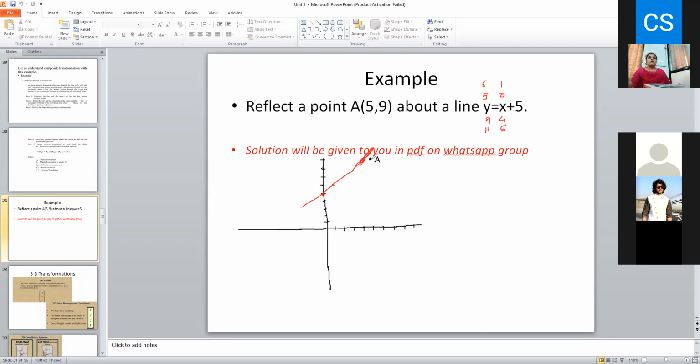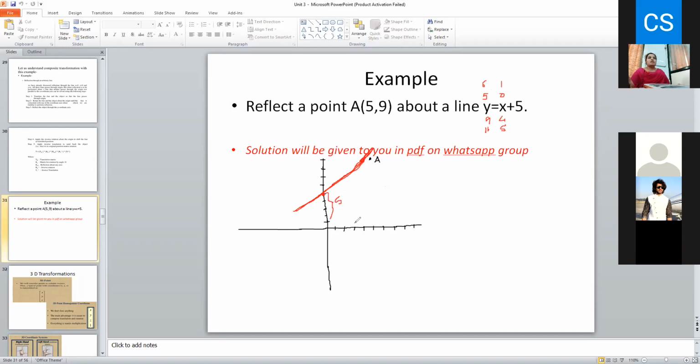So how will you proceed? First, check whether this line is passing through the origin. No, ma'am, it is not passing through the origin. It has an intercept equal to 5, because when x is 0, y is 5.